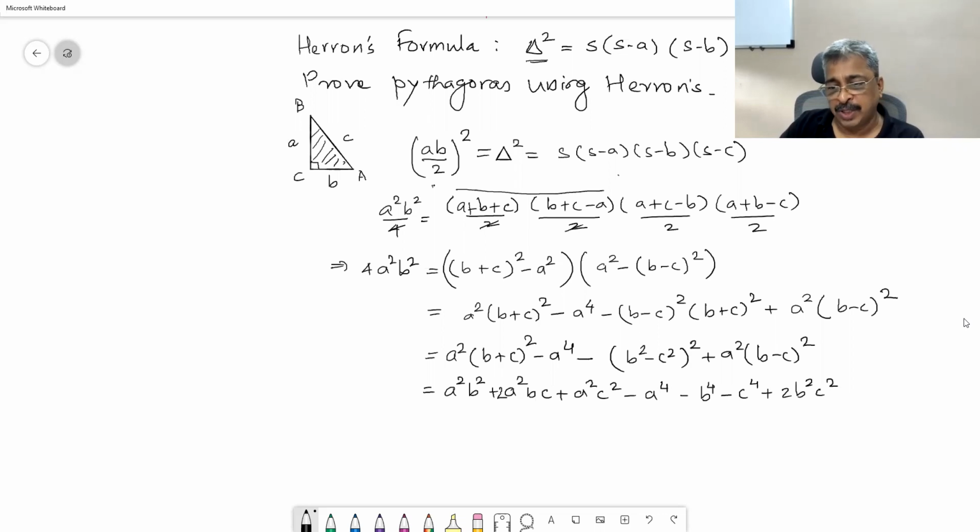That is the expansion of this, plus A square B square plus A square C square minus 2A square BC. Oh, this is good. 2A square BC, 2A square BC gone.